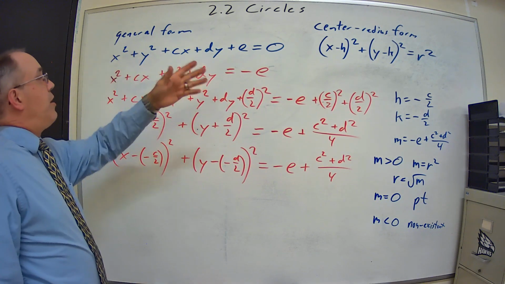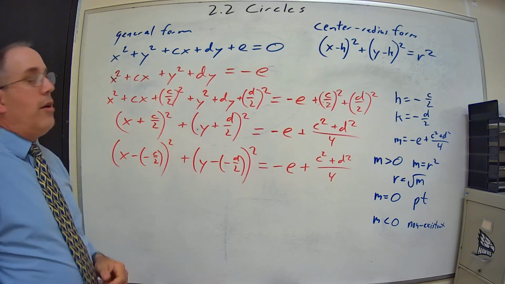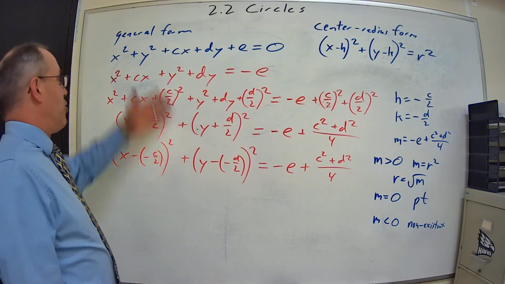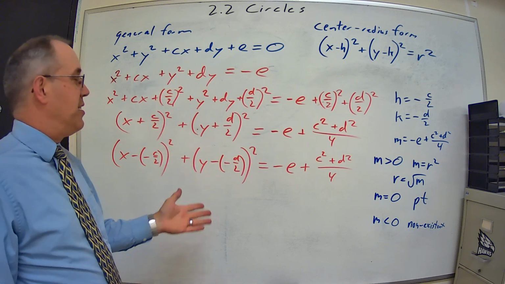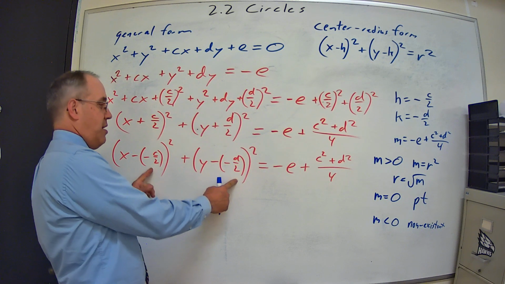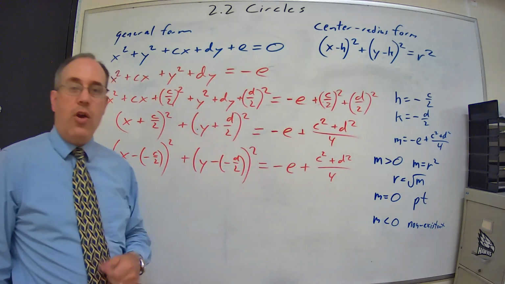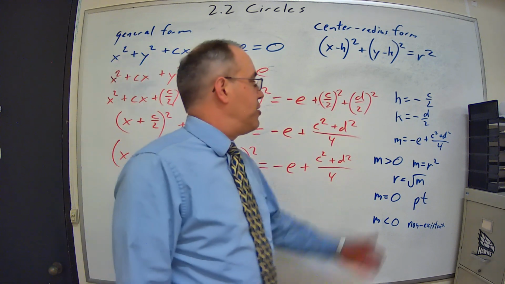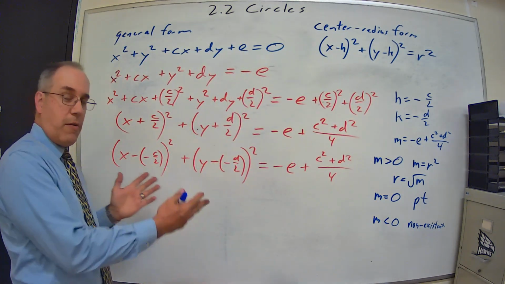So given an equation for a circle in general form, we have a couple options. We can either go through and complete the square twice to find out the center h, k and if there is a radius and what it is, or we can use these equations which came from completing the square.